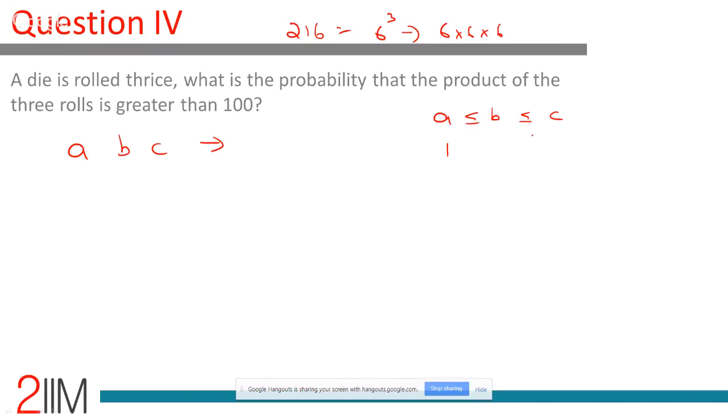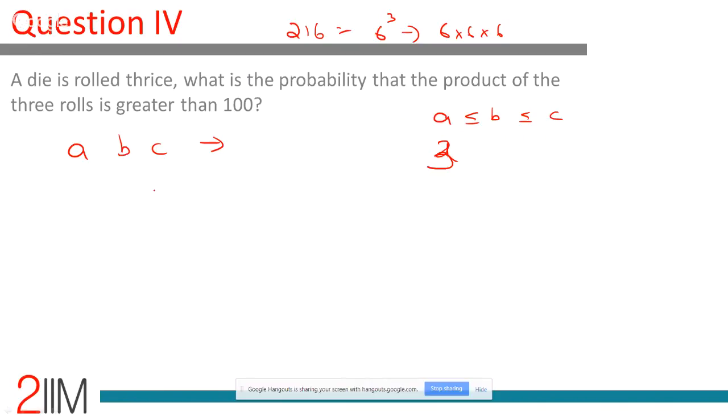That's not possible. If the smallest one were 2, the product of the remaining 2 should be 50 or more. That's not possible either. If the smallest one were 3, the product of the remaining 2 should be 33 or more. That is possible. So therefore, the smallest of the three rolls cannot be less than 3. It should be 3 or more.